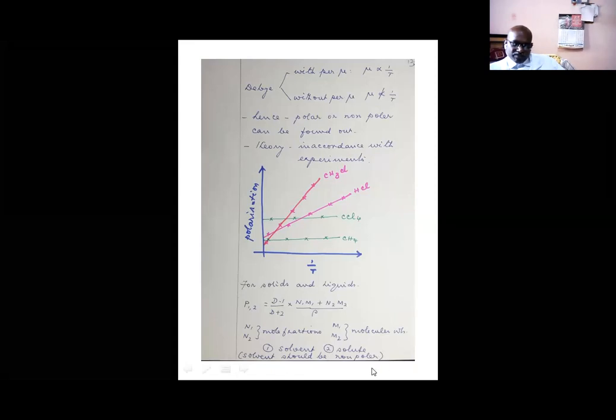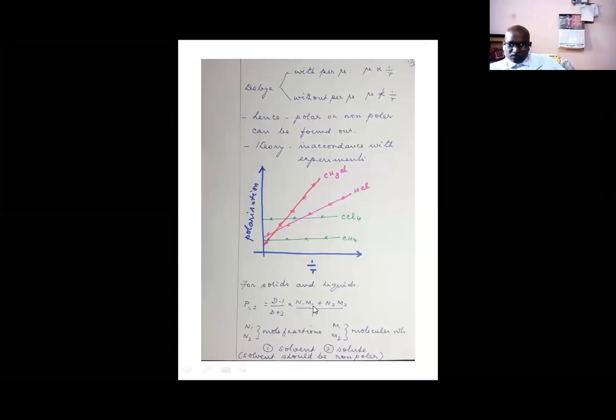Therefore, P1,2 is (D minus 1)/(D plus 2) into (N1 M1 plus N2 M2)/rho, the density of the solution, where D is the dielectric constant of the solution, because the solvent will have a different dielectric constant and the solute will have a different dielectric constant. This is for the entire solution.